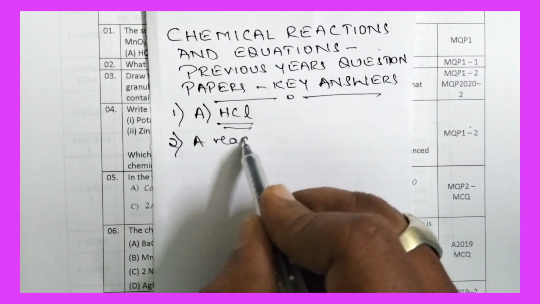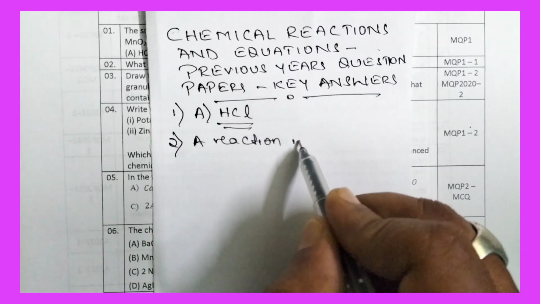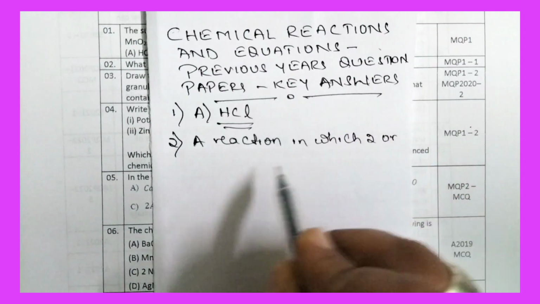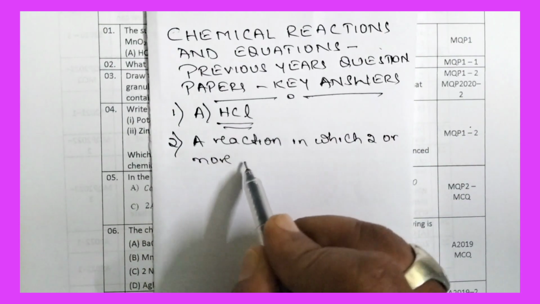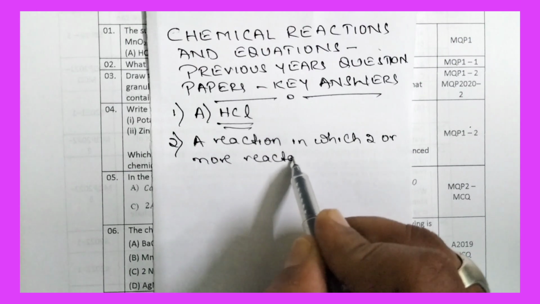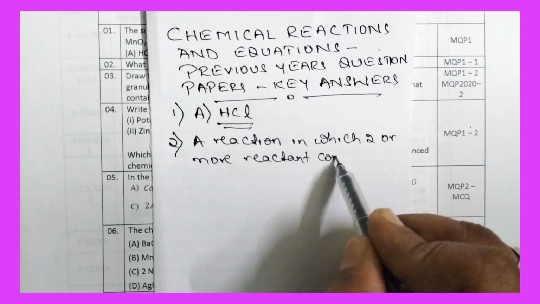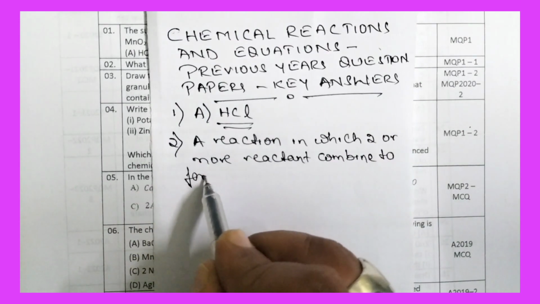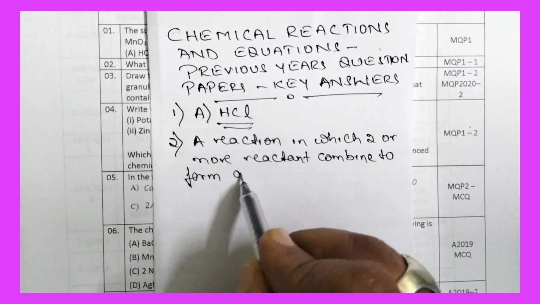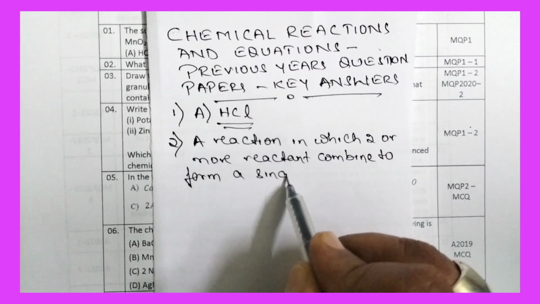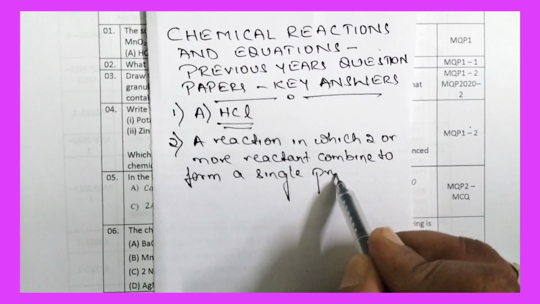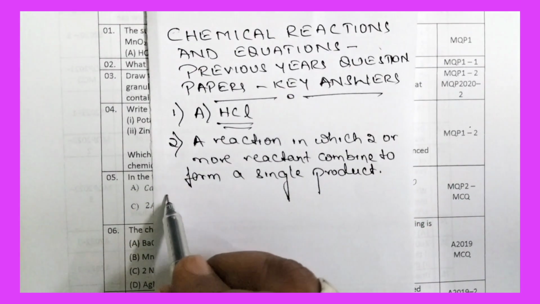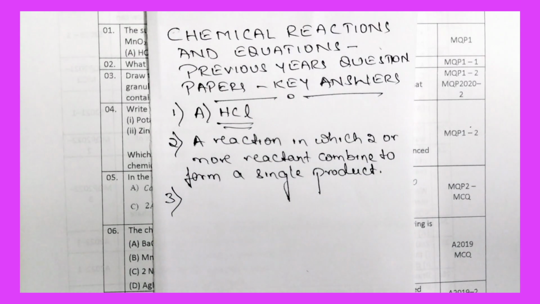A reaction in which two or more reactants combine to form a single product. So this is called a chemical combination reaction.